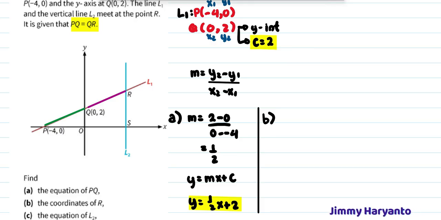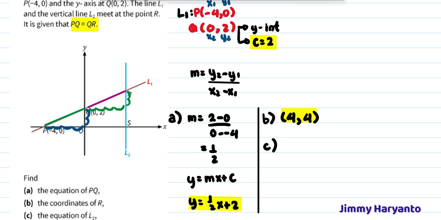There are 1, 2, 3, 4 to the right, and then 2 up. That means to find R, it will also be the same like this. Starting from 0, 2, move 4 units to the right. That means you will have 4 as the x, and then go 2 units up. That means 2 plus 2 equals 4. There you go.